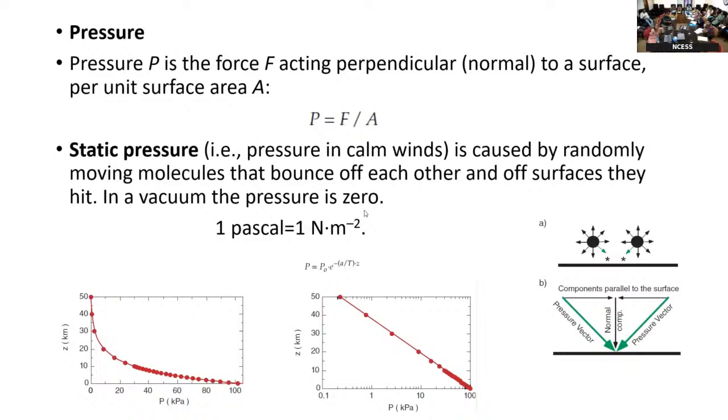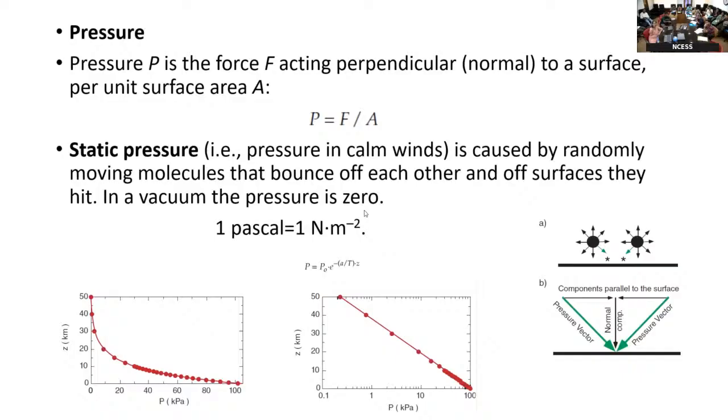Here I have given that the air molecule is having that static pressure, that force component in all directions. The pressure is having components in all directions, but only the normal component will be having an effect. All other components will be cancelling each other.